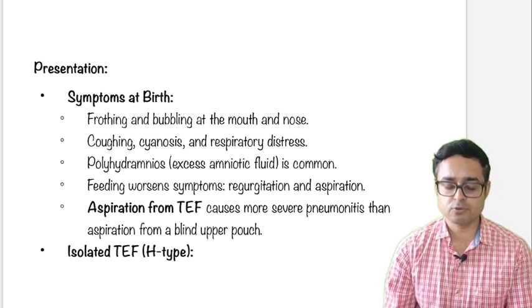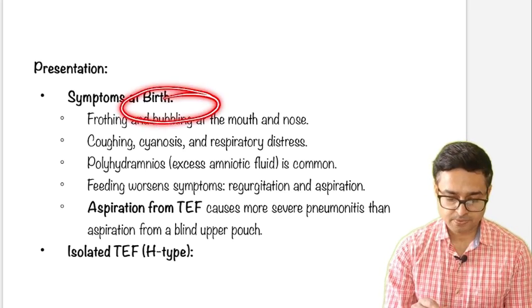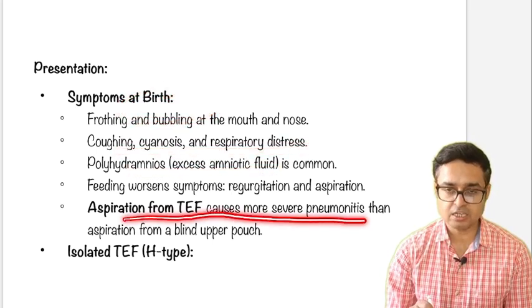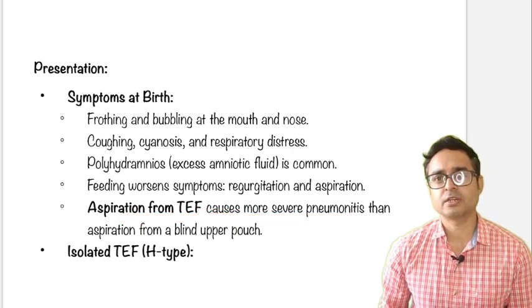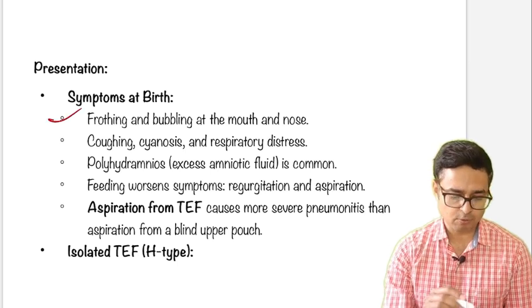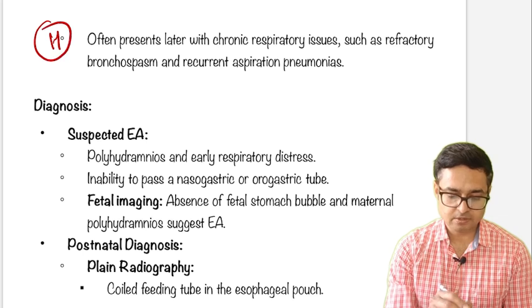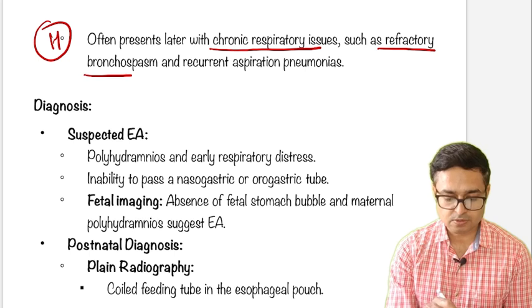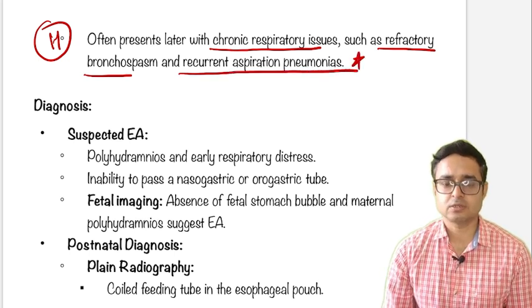Frothing and bubbling at the mouth or nose, cyanosis, coughing, respiratory distress, polyhydramnios on antenatal findings, and aspiration from TEF can cause pneumonia. This is the main common presentation, which is very important. If it is H-type, the presentation is different, with chronic respiratory issues such as refractory bronchospasm and recurrent aspiration pneumonias.